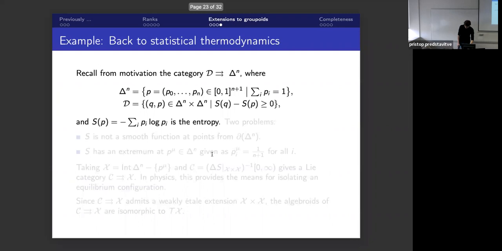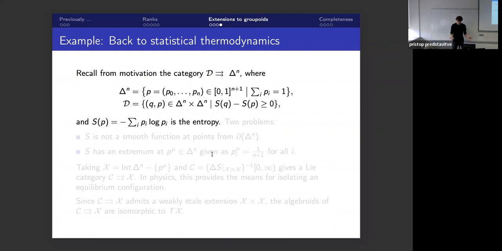All right. And one more example that we used as motivation the previous time is the example of statistical thermodynamics from physics. So basically you are given a finite set of microstates. And what are even microstates?